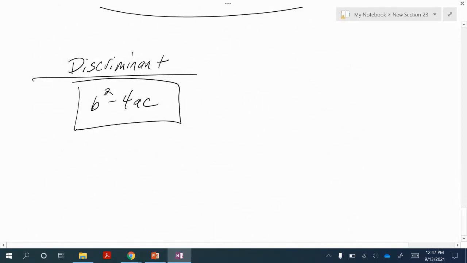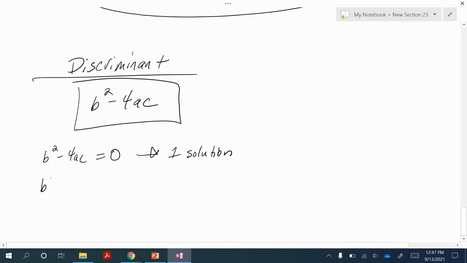So here's what the discriminant says. It says that if b squared minus 4ac is equal to 0, then you have one solution for your quadratic.